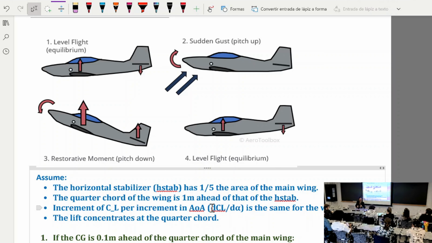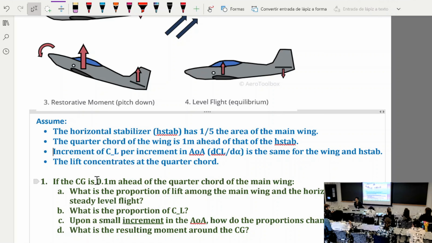And first of all, let's assume the center of gravity, so this thing, is 0.1 meters or 1/10 of the distance between the main wing and the horizontal stabilizer. You have to answer what is the proportion of lift among the main wing and the horizontal stabilizer at steady level flight, which means the airplane is not pitching up and down, it's not going up or down.